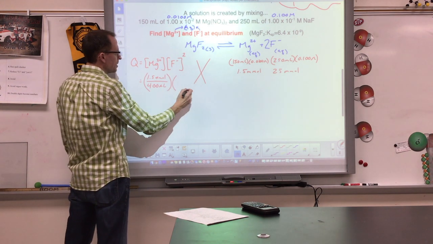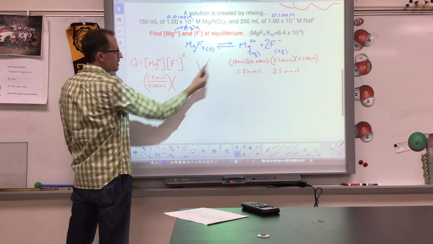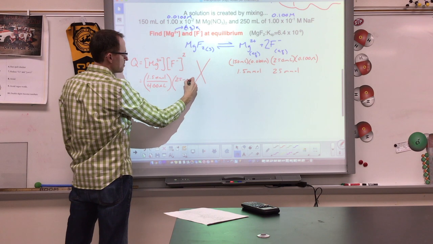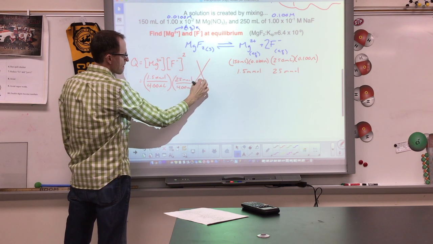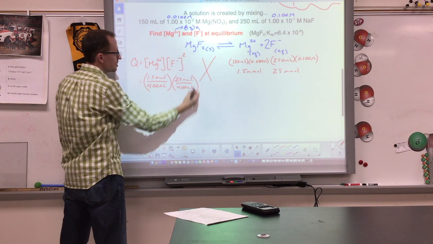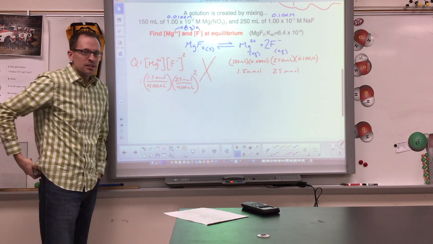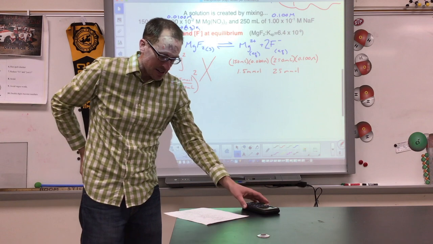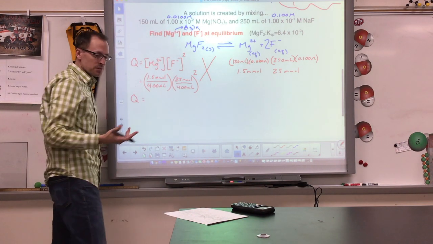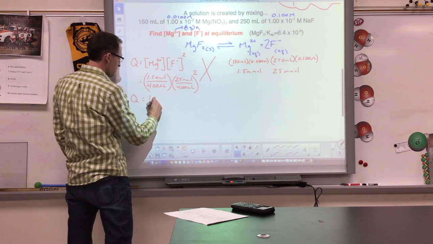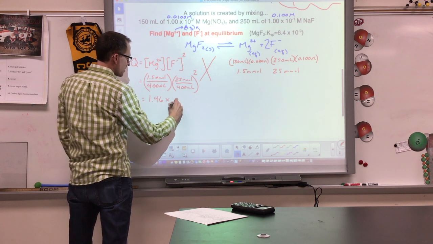So that's that amount, and then I have 25 millimoles over 400 milliliters squared. Make sure that you square that. So if I get all that, my Q, I've done some of the math for us already, is 1.46 times 10 to the negative fifth.